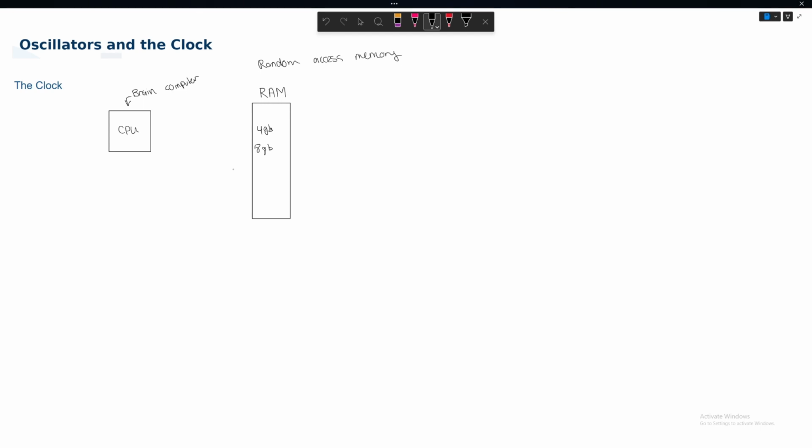The one I have in my computer is actually 16 gigabytes, and I have 2 slots of them, so I have 32. They hold some numbers, and these are actually usually 8-bit numbers. So 0, 0, 1, 1, 1, 1, 0, 1, let's say something like that.